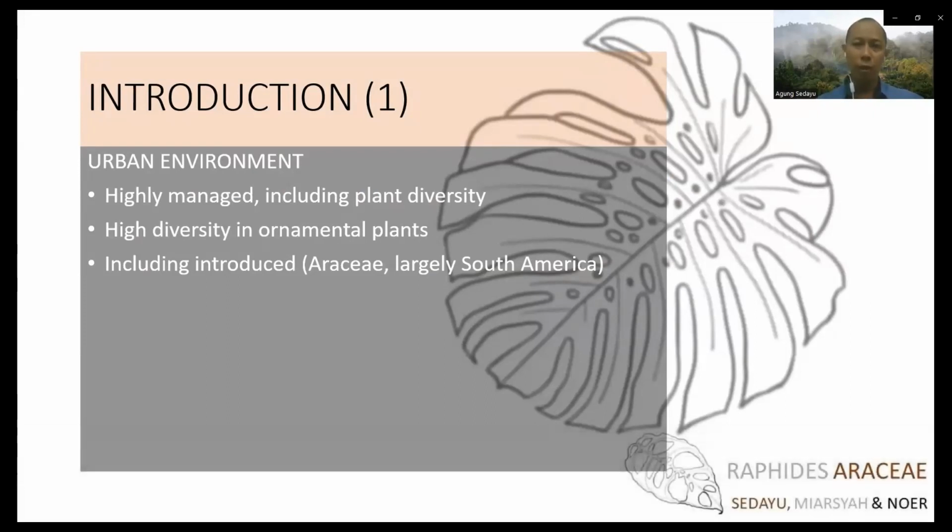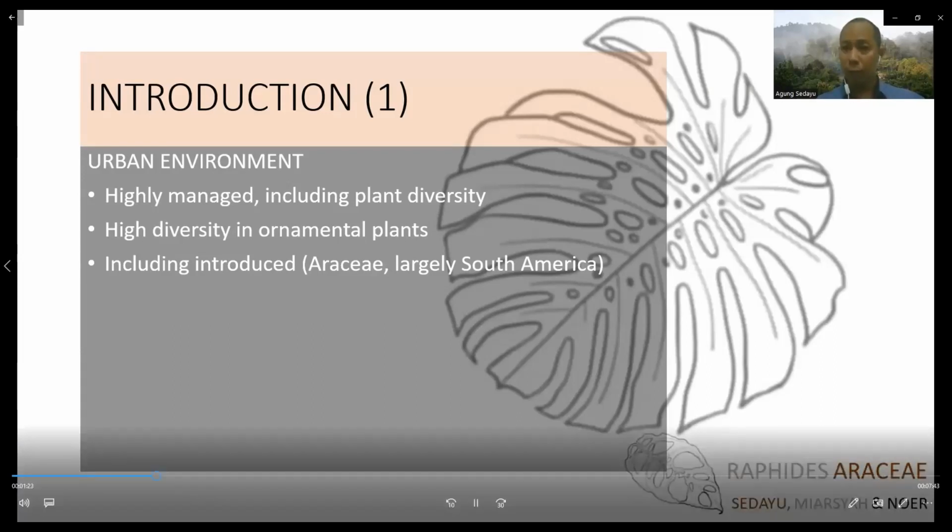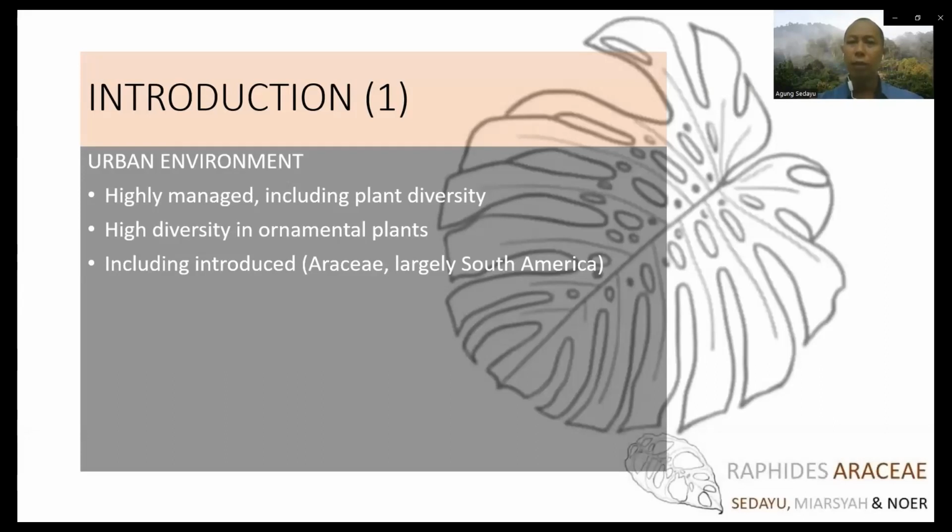Therefore, with this capability of humans, we have a high diversity of useful plants living in the urban environment, and especially the highest diversity of plants living in Jakarta is from ornamental plants, which serve as the adornment of our environment.